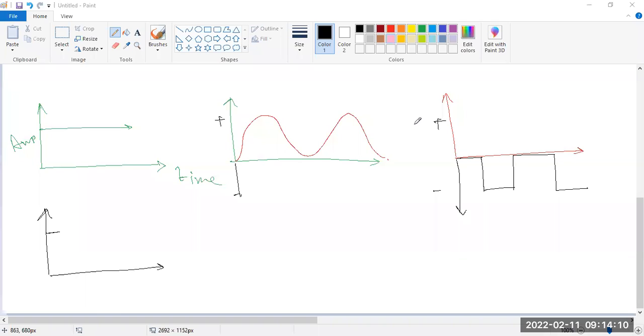Okay, thank you. This is the DC signal. So tell me, which type of signals are there?